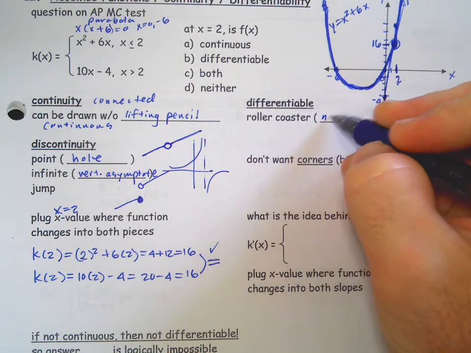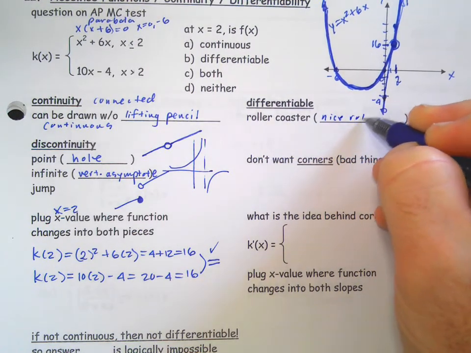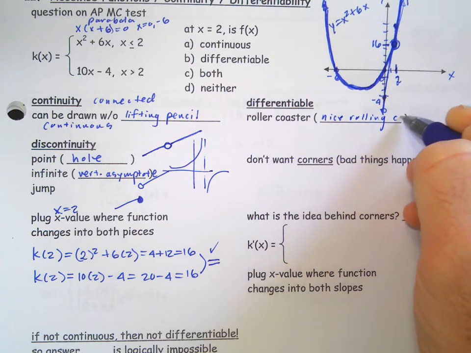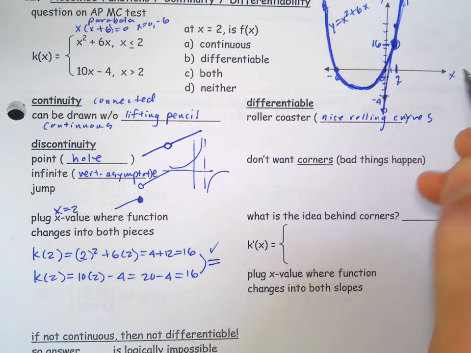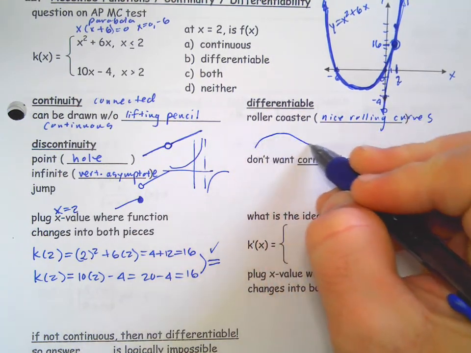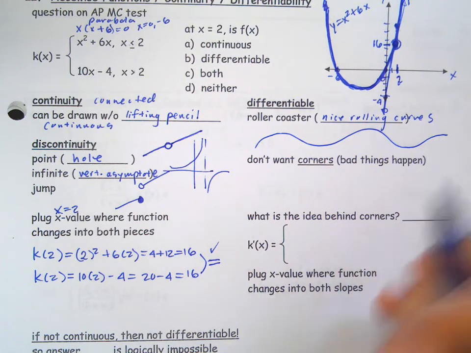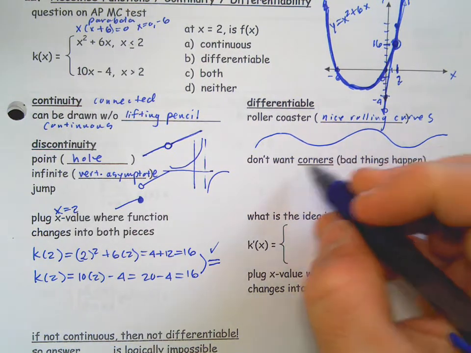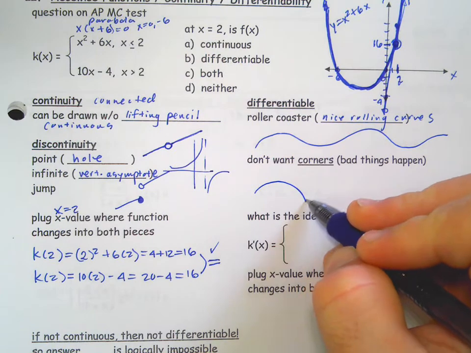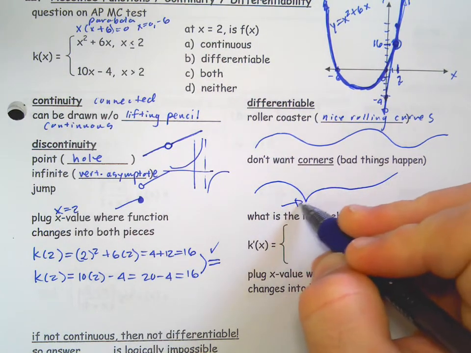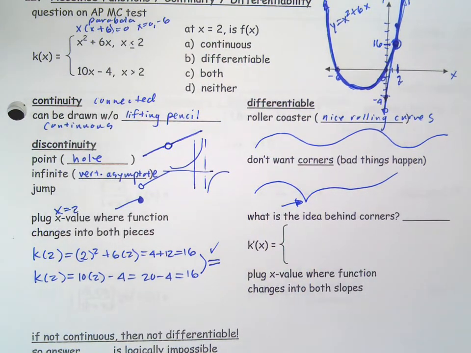You want nice rolling curves, okay? So, something like this. This is a differentiable curve, okay? You don't want any corners like this. Like that's bad. Corners or a cusp or something like that. Think of a roller coaster, that wouldn't be good, right?